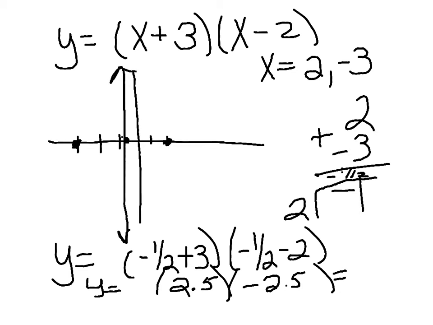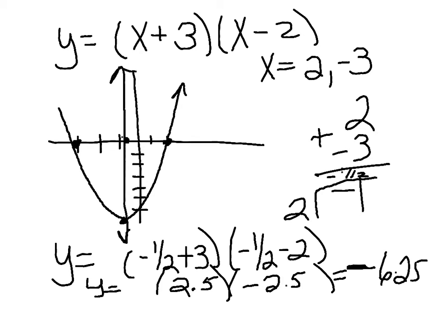Okay, if I multiply those out, I will have, let's see, negative 6.25. So somewhere down here is my vertex. Alright, so to graph this, I would make a nice smooth curve like this.